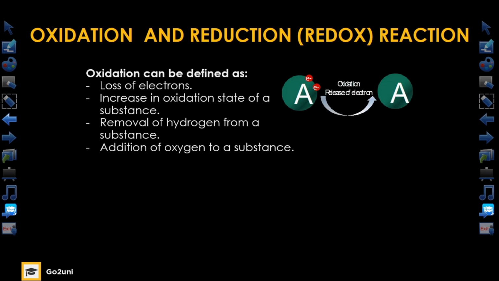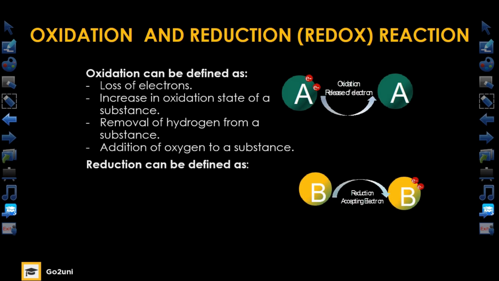In terms of hydrogen, oxidation is simply the removal of hydrogen, and in terms of oxygen, it is the addition of oxygen. So when oxygen is added to a substance, it is oxidation. When hydrogen is removed from a substance, it is oxidation.